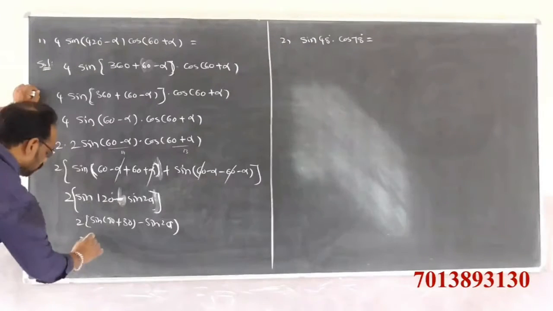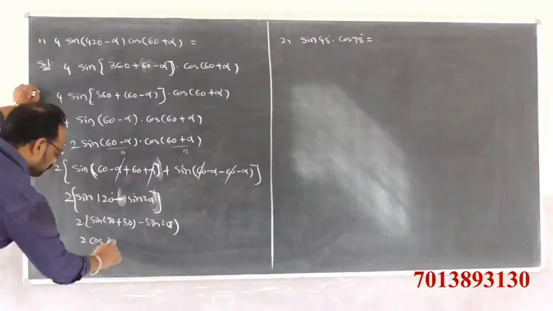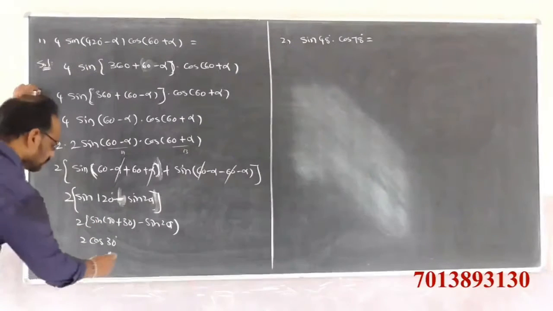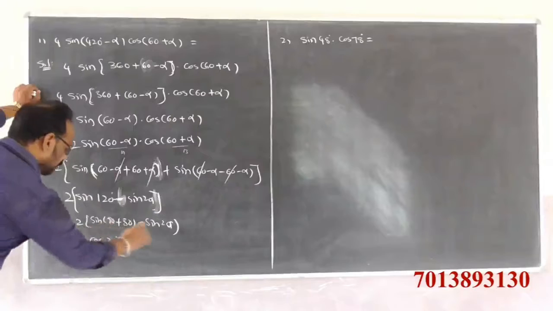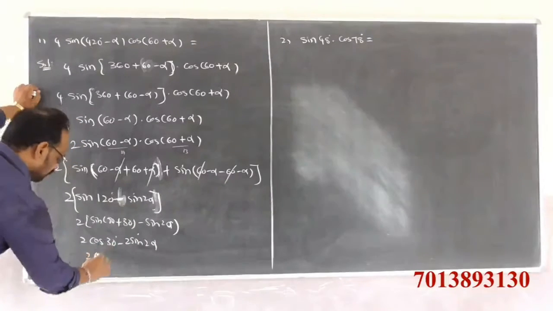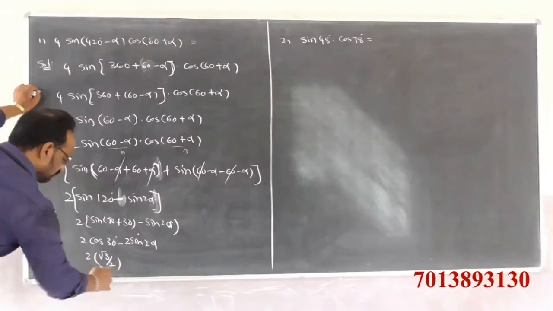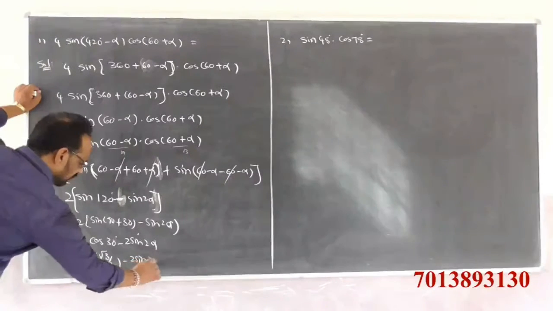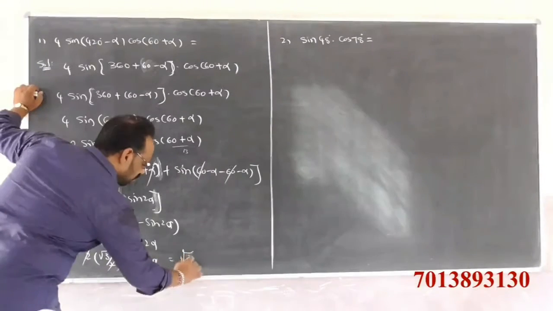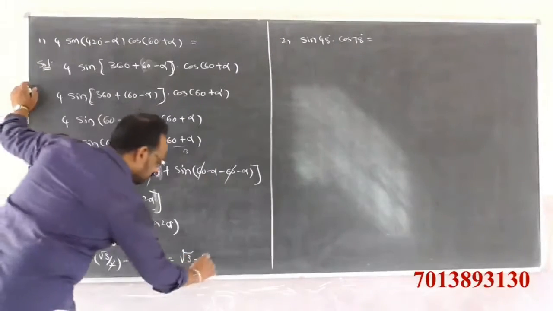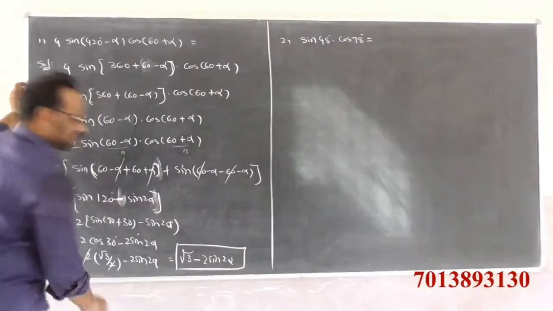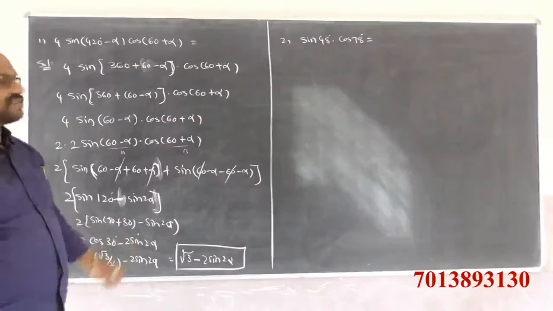So we get 2 times of cos 30 minus 2 sine 2 alpha. 2 times cos 30 value root 3 by 2, minus 2 times sine 2 alpha. 2 and 2 get cancelled. We get square root of 3 minus 2 sine 2 alpha, which is the answer.